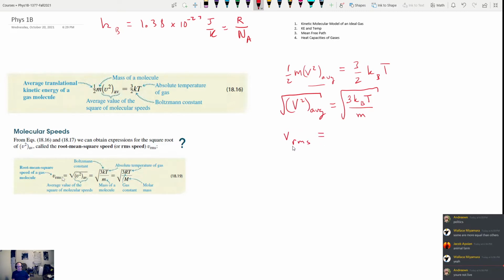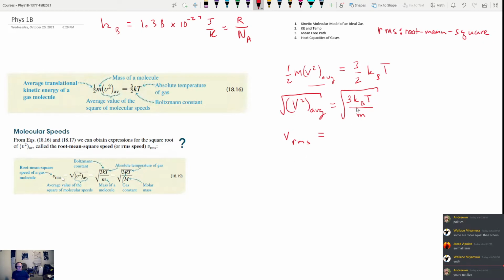It stands for root mean square. It also shows up a lot in alternating current in Physics 1C, where we talk about RMS voltage and RMS current. So root mean square: the square root of the mean of the squares.